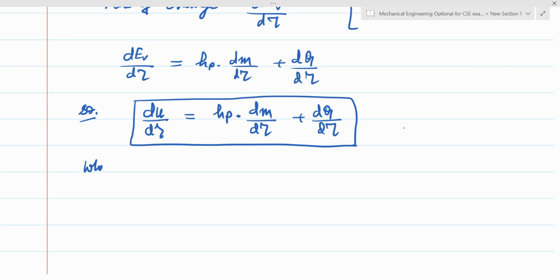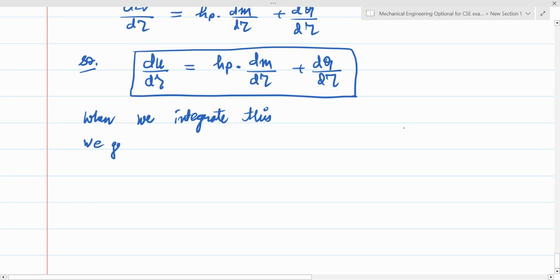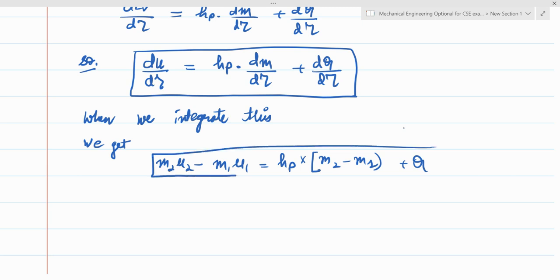Now when we integrate this, we get M2U2 minus M1U1 is equal to Hp multiplied by M2 minus M1 plus Q. Now this is the fundamental equation.